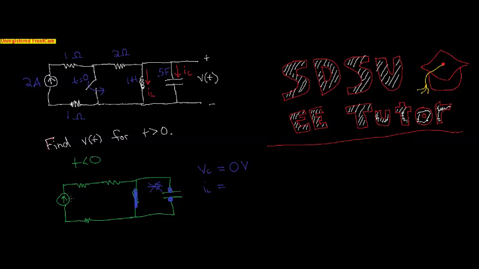So the only path for current is in this circuit, and it is flowing like this. And because this is a current source, we know that it is 2 amps. So the current flowing through here is 2 amps. Cool. So these are our initial conditions, and we will need them later.